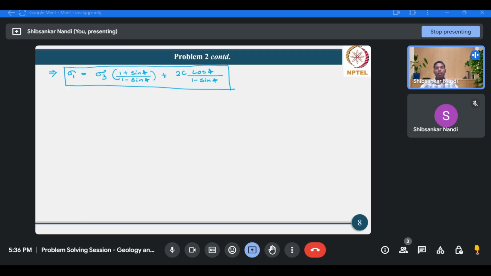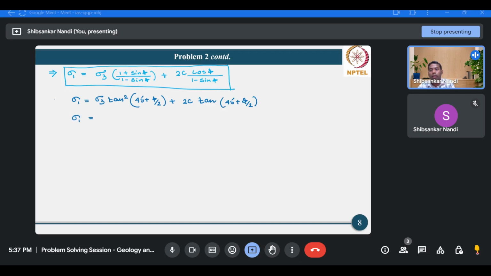This can be further simplified as sigma 1 equals sigma 3 tan square of 45 plus phi by 2, plus 2C tan of 45 plus phi by 2.